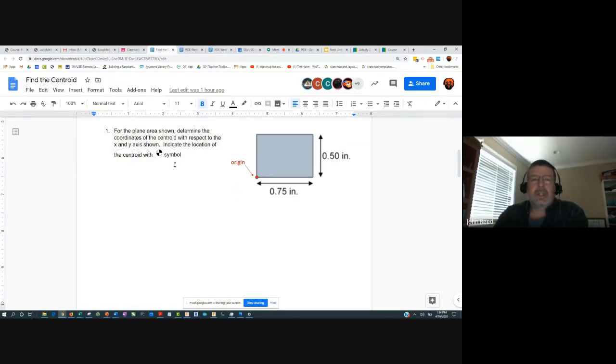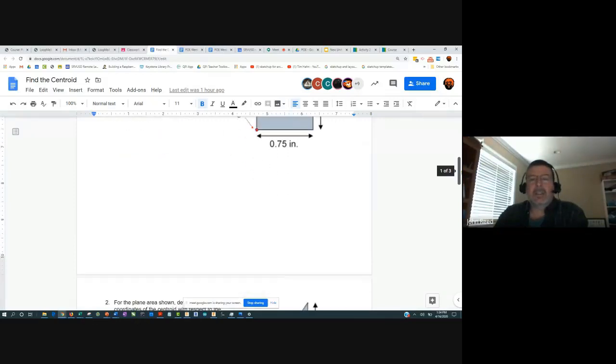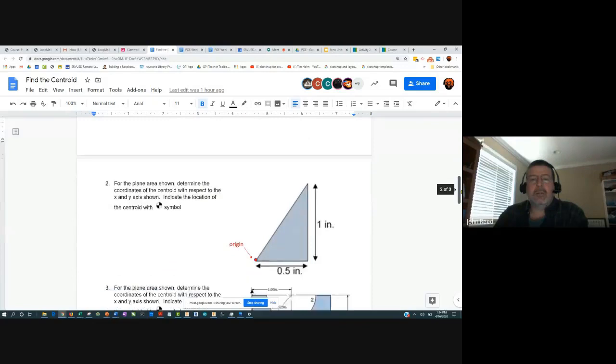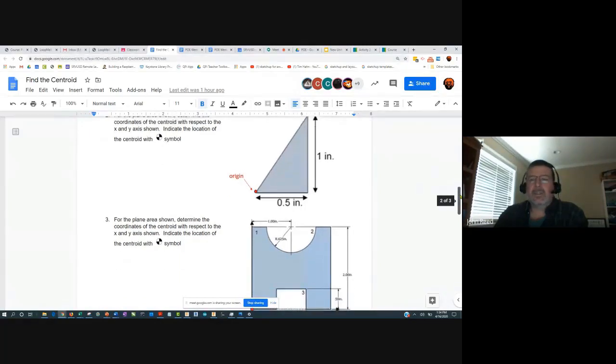So got a square here, and I want it with respect to the origin. You always have to specify the origin of your coordinate system. So a simple rectangle, hopefully no problem. Again, for the triangle, hopefully no problem. But I would like for you to calculate it and show your work.